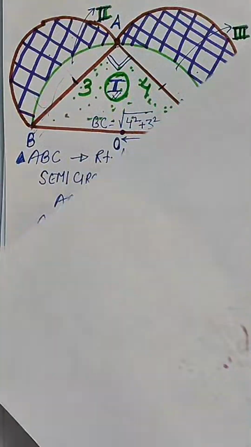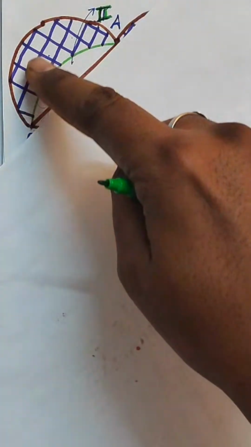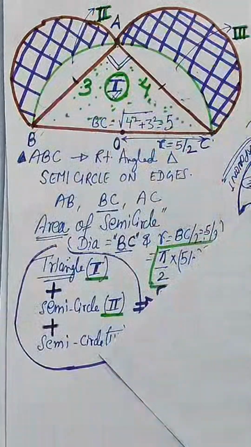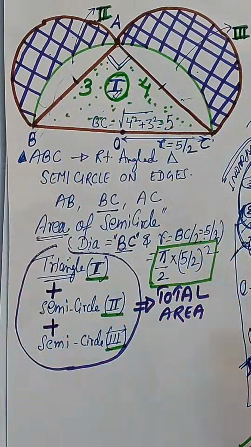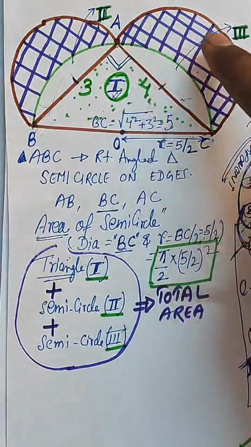All the area above the line AB is the area 2. I mean to say this is line AB, and this area which you are able to see, this is area number 2. Similarly, all the area above AC, this one, whatever you are able to see, this is area 3, right? So area 1 plus area 2 plus area 3.